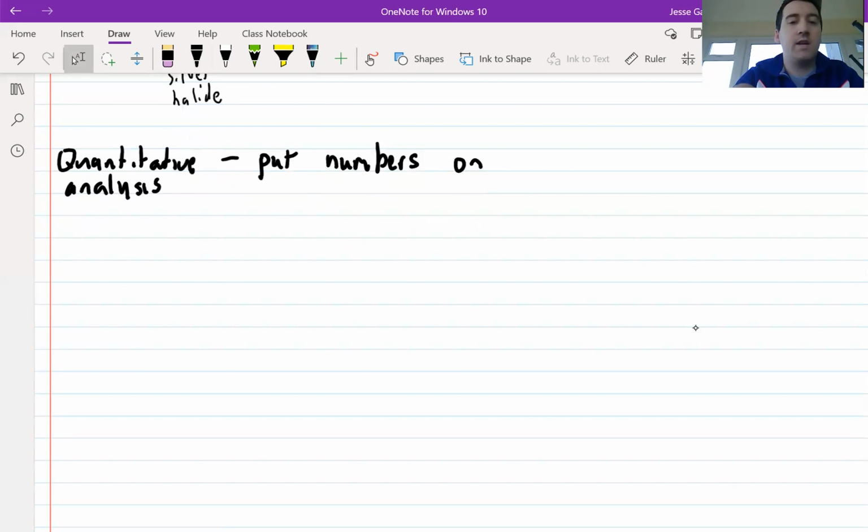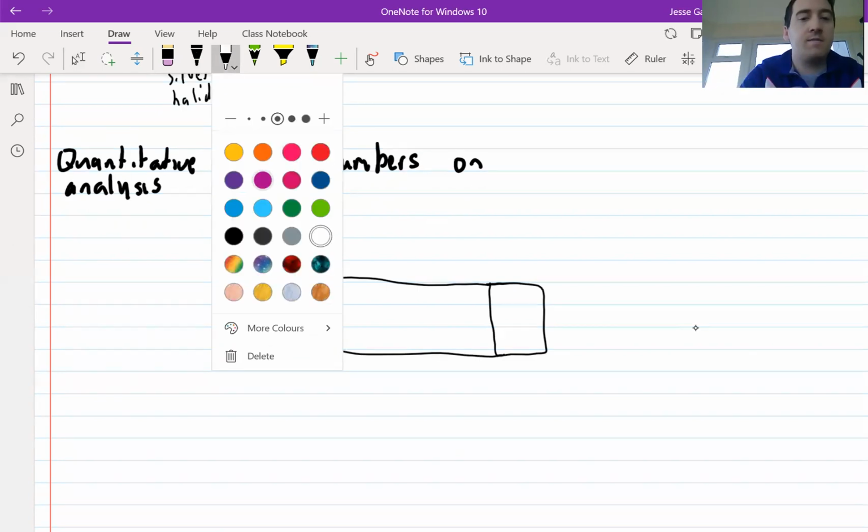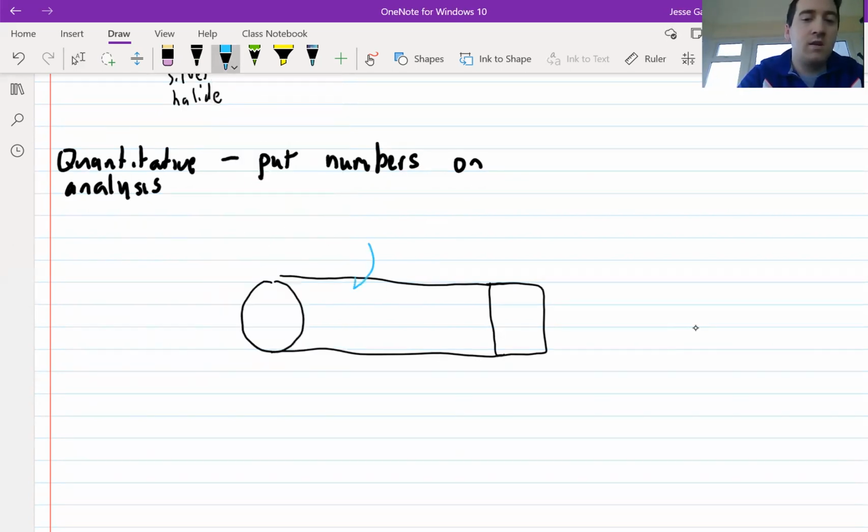What they did is they built a tube, and inside the tube there was a gas. This gas would spark every time a radioactive particle hit the inside of the tube.